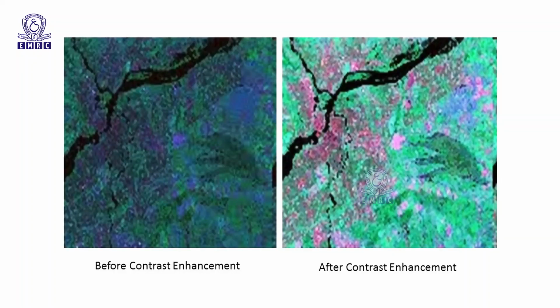Image transformations are operations similar in concept to those for image enhancement. However, unlike image enhancement, operations which are normally applied only to a single channel of the data at a time, image transformations usually involve combined processing of data from multispectral bands.